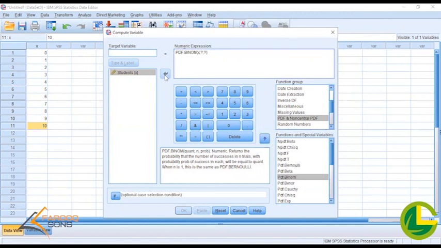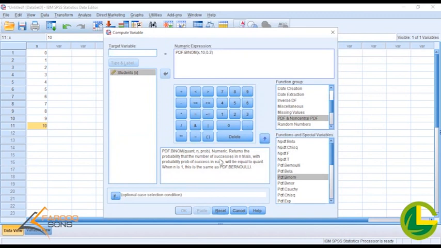The question mark will be removed, and X goes there. Coming to the second part, at the bottom they said N, so you have to put N here. N is 10. The next question mark is asking what the probability is. The probability is 30%, so 0.3.